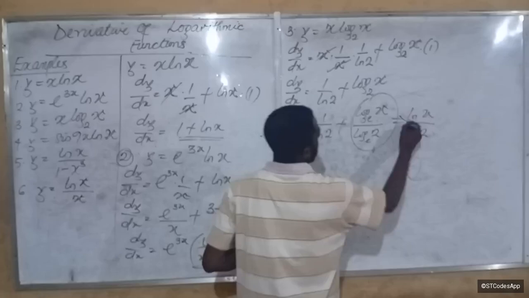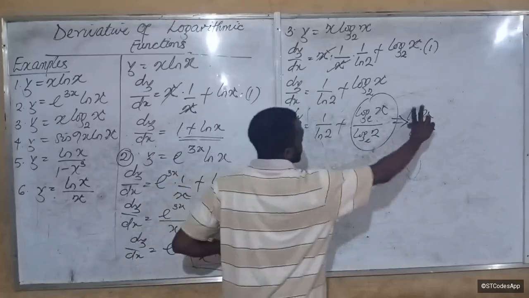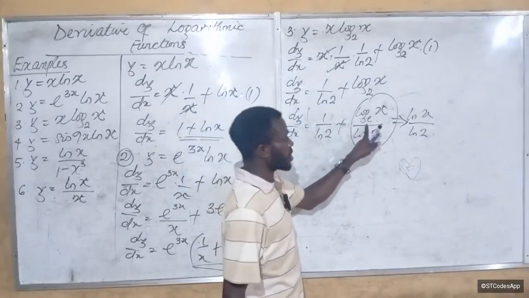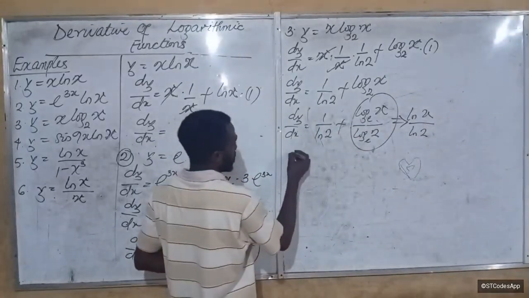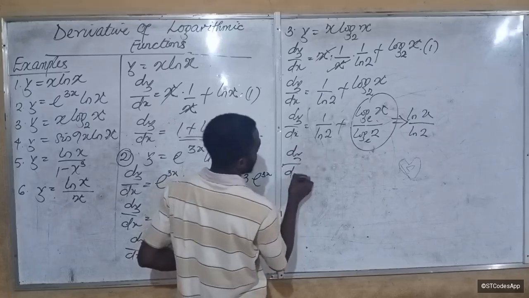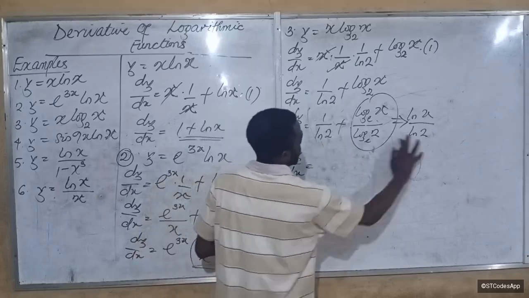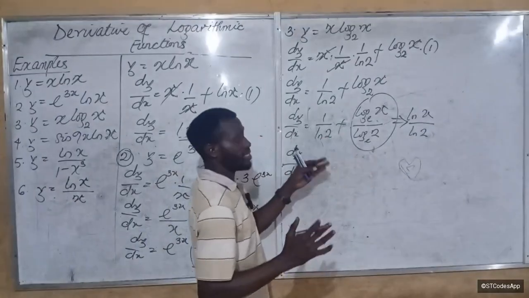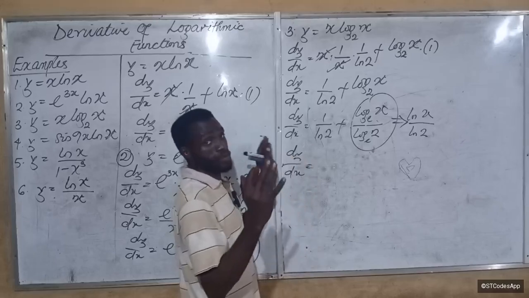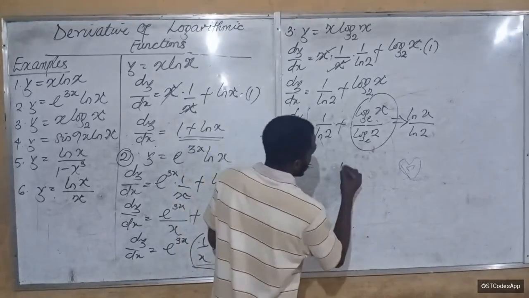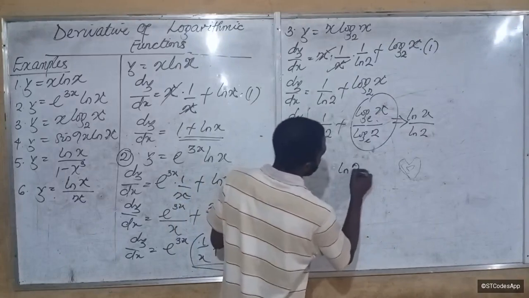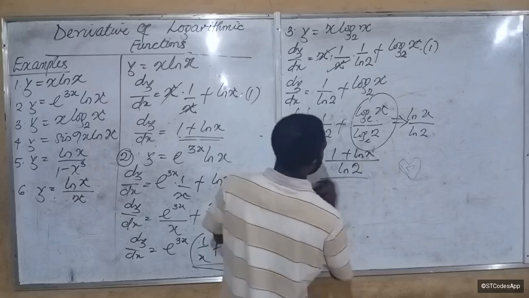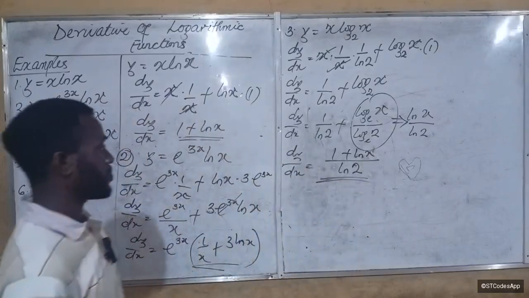Log to base e is ln. So we can now say that dy dx is equal to, we take the LCD, or just like we are trying to merge the fraction, so that we have ln 2 as our denominator, then 1 plus ln x on top. I guess this will be the final answer then.